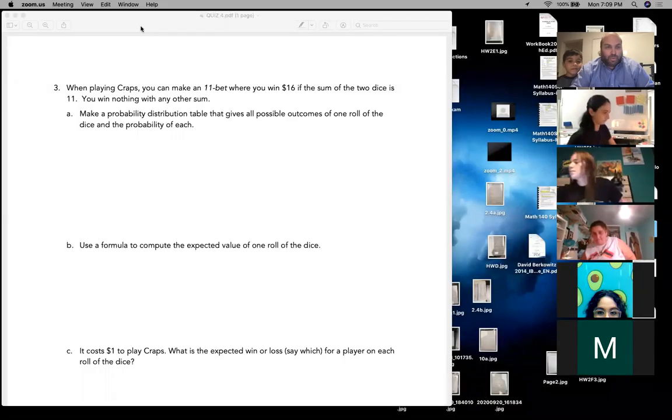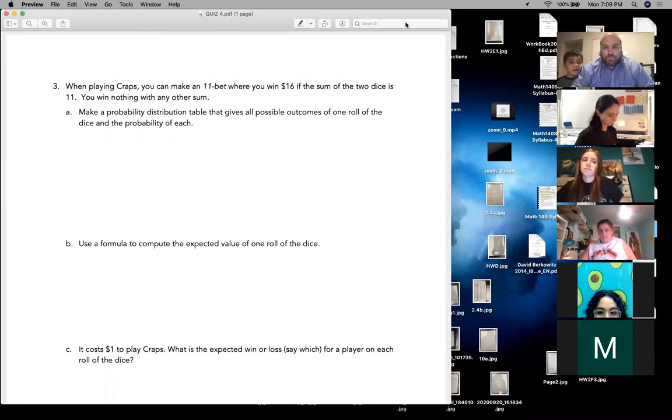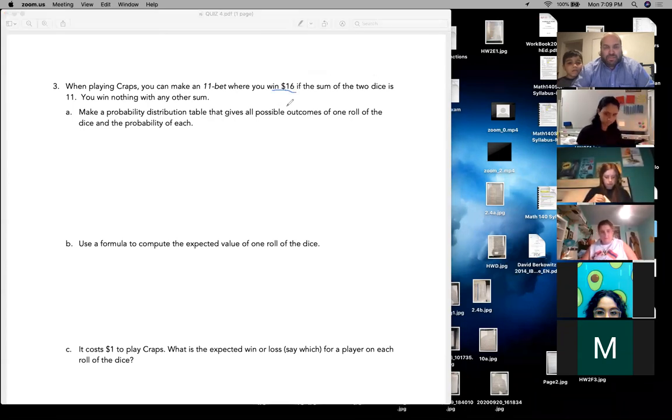While playing craps, you make an 11 bet where you win $16 if the sum of the two dice is an 11. You win nothing with any other sum. Part A, make a probability distribution table that gives all possible outcomes of one roll of the dice.